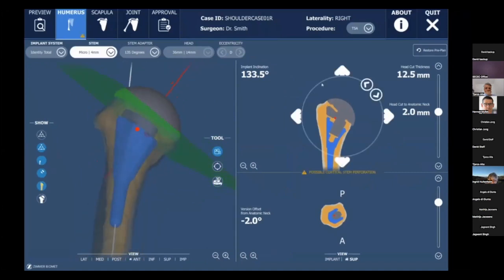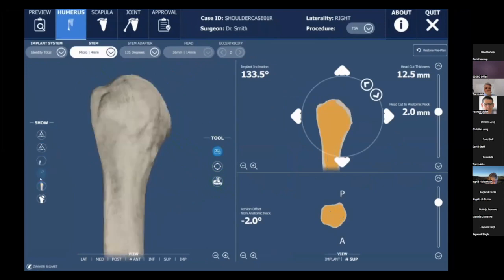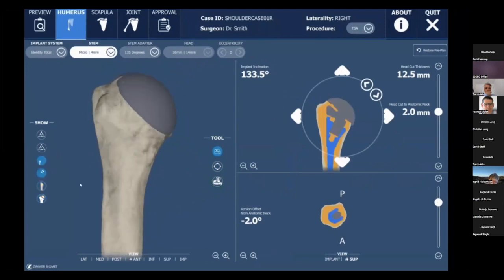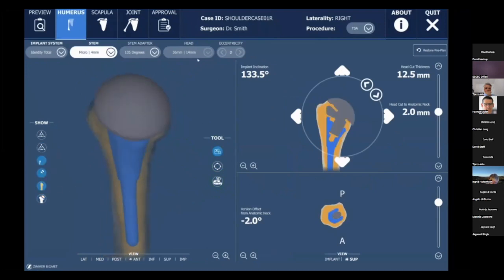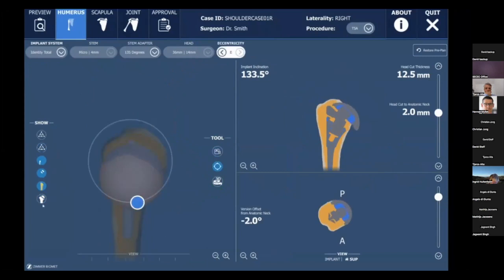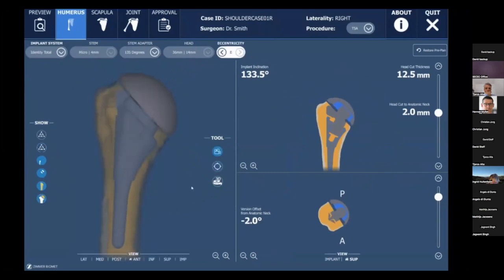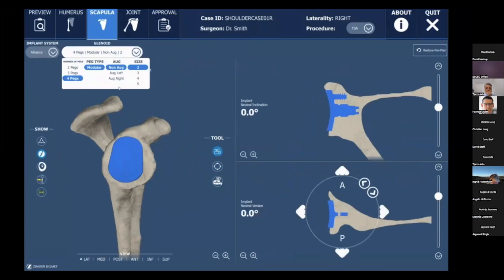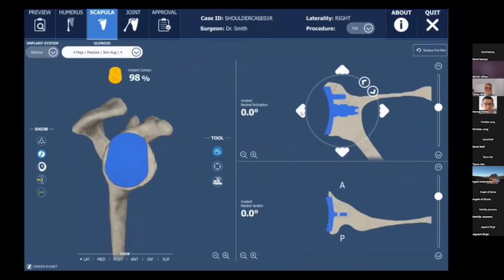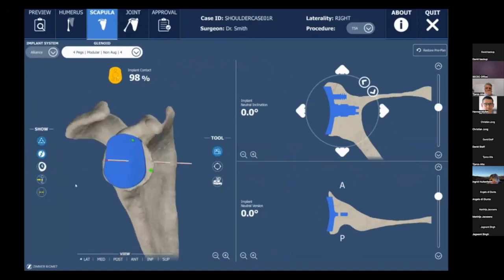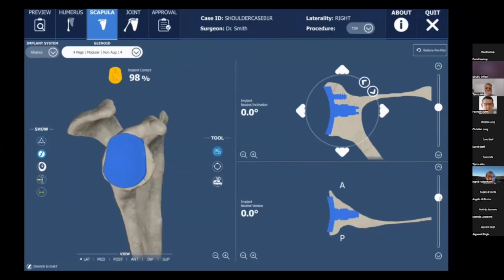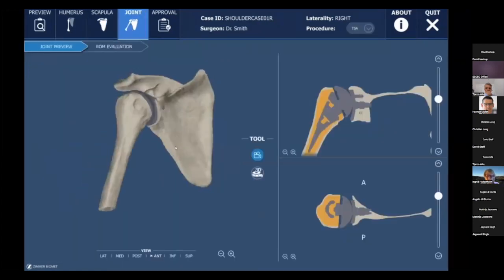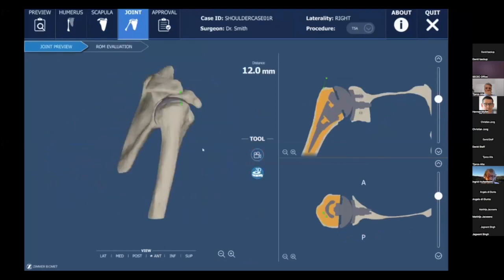On the humeral side, surgeons can now virtually plan their implants. They can plan their osteotomy, the size of the head, the position of the humeral head, so that the perfect anatomic situation can be planned. Also on the glenoid side, as you can see here, 100% contact of a glenoid component is important in order to get the right results.